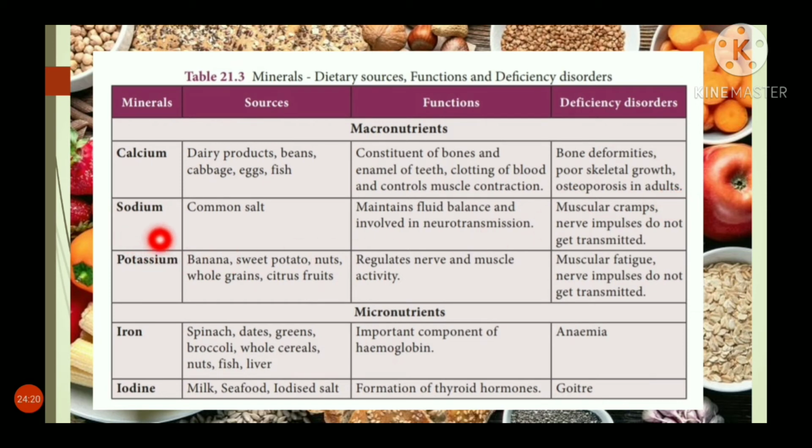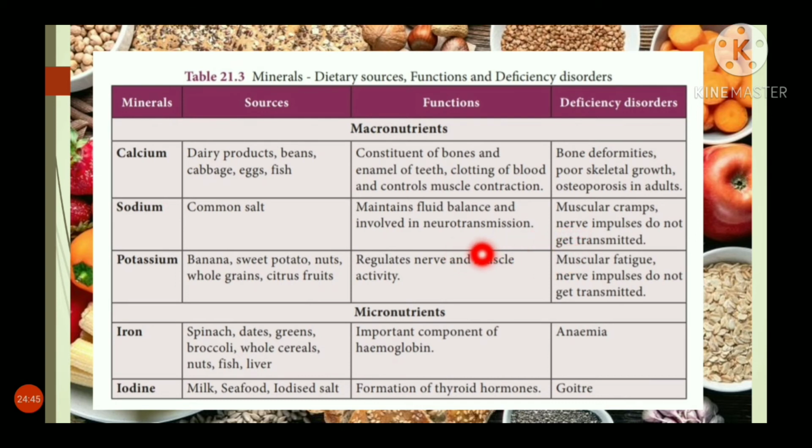Sodium. Sodium you can see in common salt, that is your table salt or the salt you use in food preparation. Maintains fluid balance and is involved in neurotransmission. Common salt, you should have in a limited amount, and when you have sodium in your diet, the nervous system will work properly.